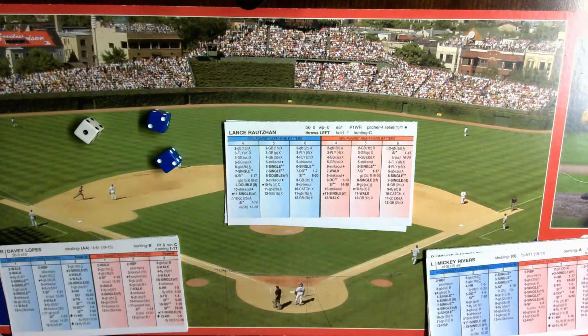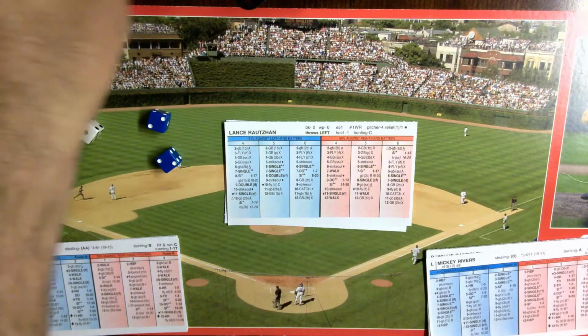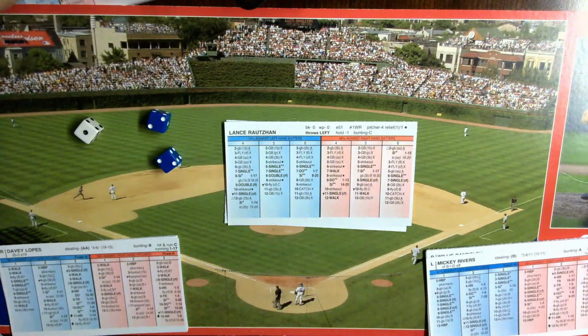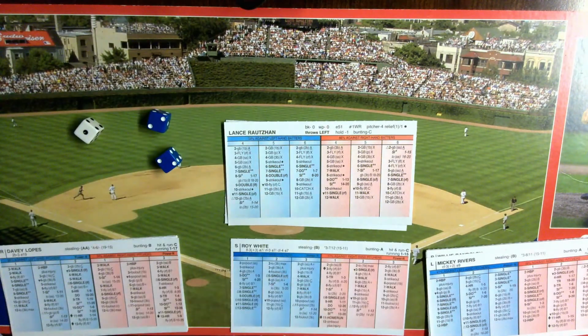I'm going to bring a right-handed hitter in. I'm going to bring in the right-handed hitter Fred Stanley. Or actually, you know what? I'm going to bring in Roy White instead. He's a switch hitter. So Roy White is going to bat for Gillette.